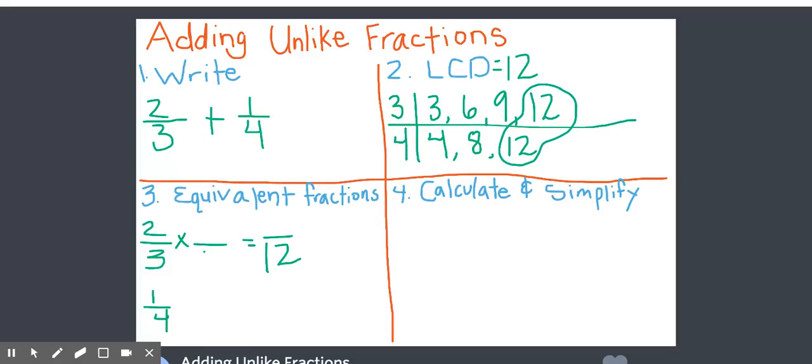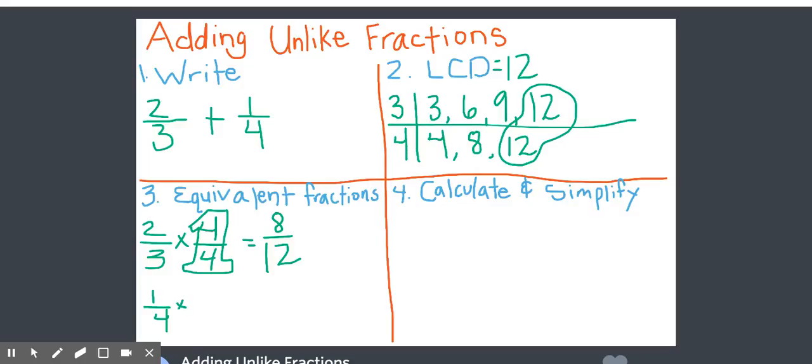Now I know 3 times 4 is 12, and I'm going to put the 4 on the top as well, and 4 times 2 is 8. The reason that I put the 4 over the 4 is because really what I'm doing is multiplying that fraction by 1. So I'm not changing the value.